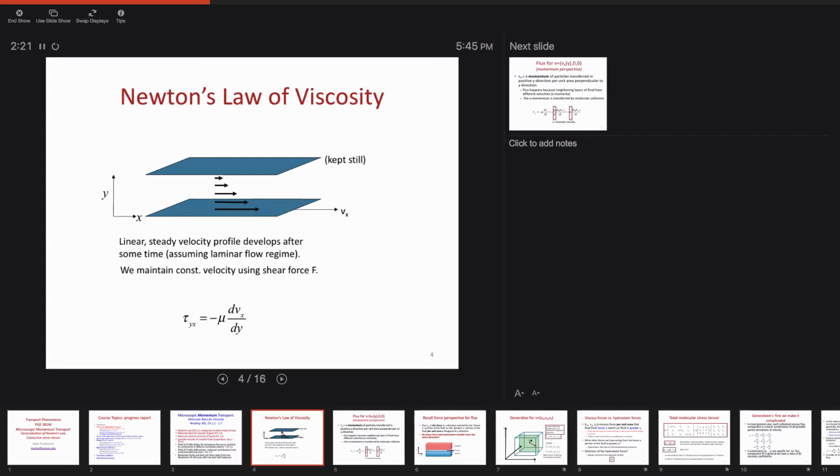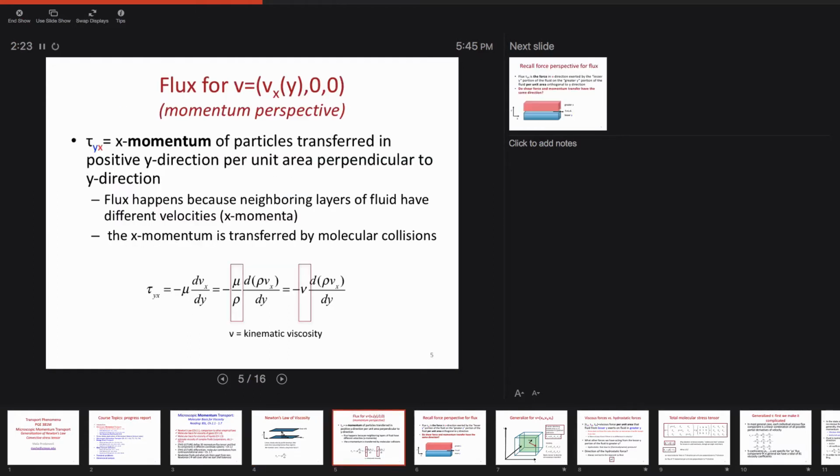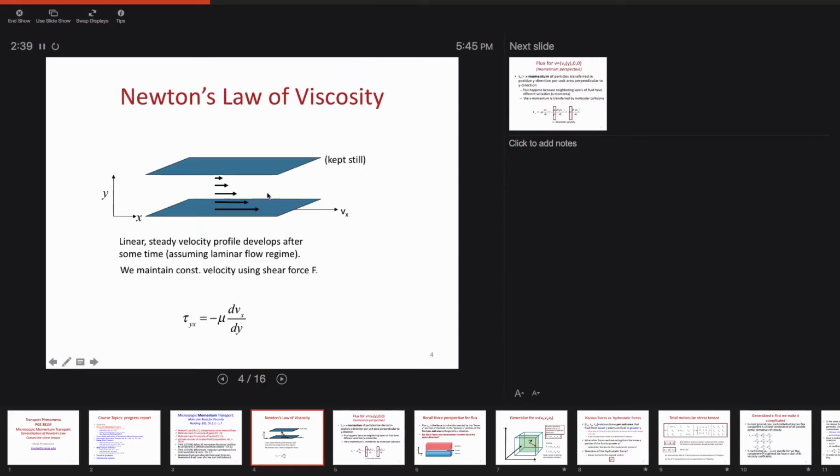Now, that doesn't mean that I don't have transfer in all other directions. This is just because I looked at only one velocity that is non-zero, and this velocity, vx, was a function of y only. Along the x direction, my velocities were the same, so there was no need to differentiate them. My velocity was really just a function of y here.